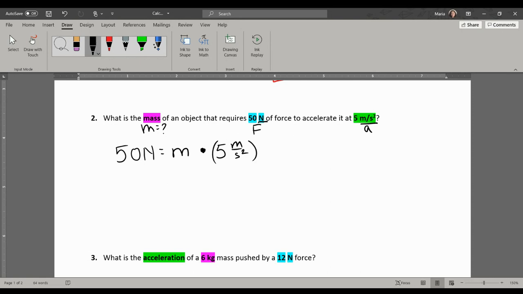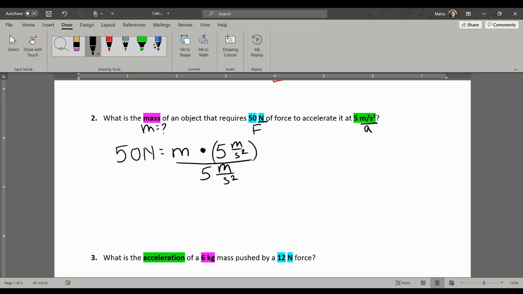Now the problem here is I need to solve for mass, but right now it's being multiplied by 5 meters per second squared. So if I want to get rid of that, I just need to do the opposite. And the opposite of multiply is divide.